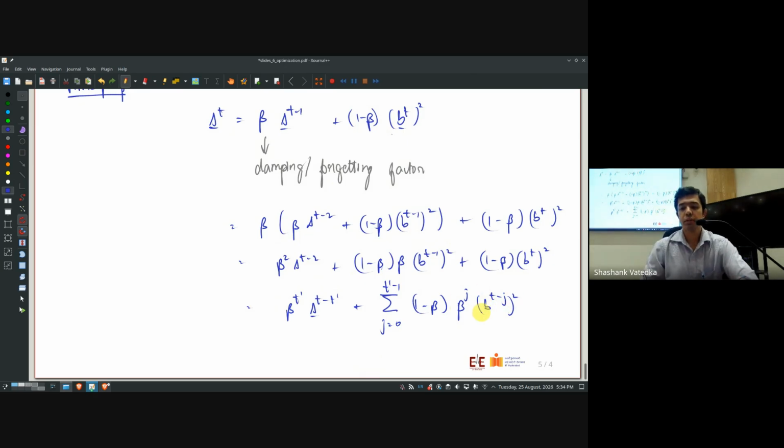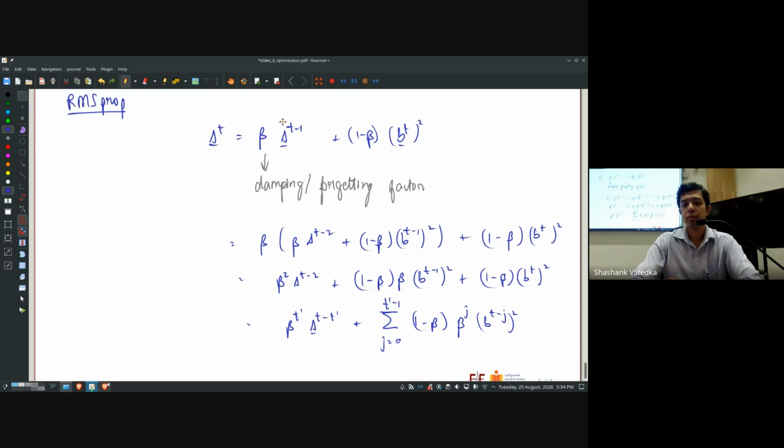So terms that are far behind in the past get multiplied with beta to the j, and if you choose beta to be something less than 1, then they're being multiplied with a much smaller quantity. So that's one way of controlling the energy.